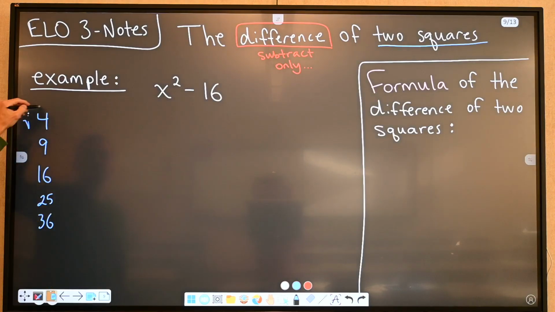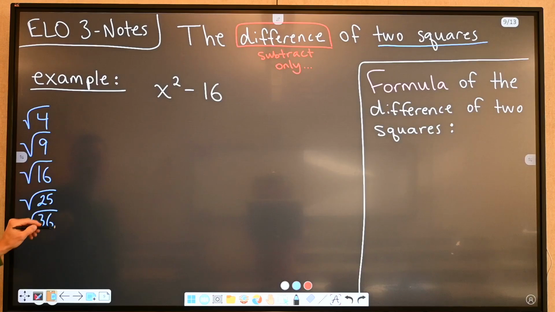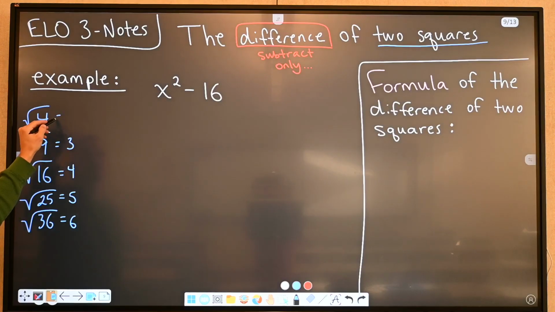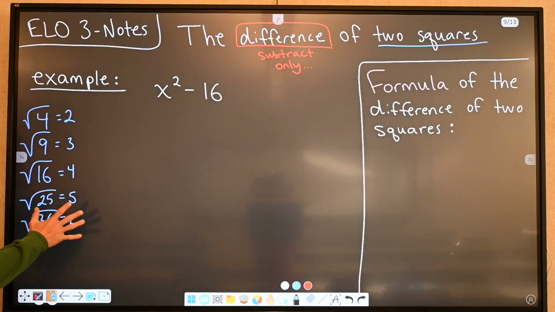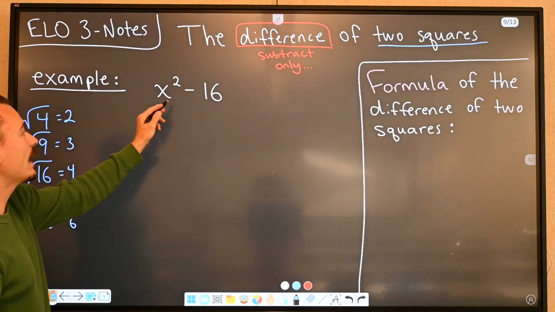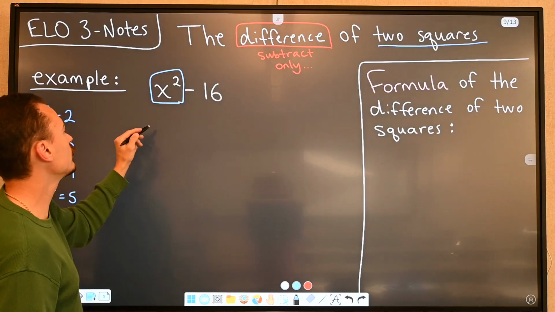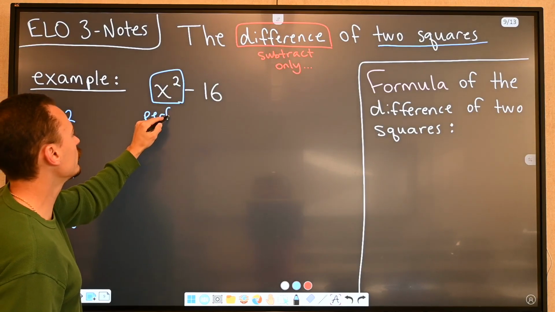The square roots of these numbers would be 6, 5, 4, 3, 2. Right? So these are our perfect squares. Now, x squared is also a perfect square.